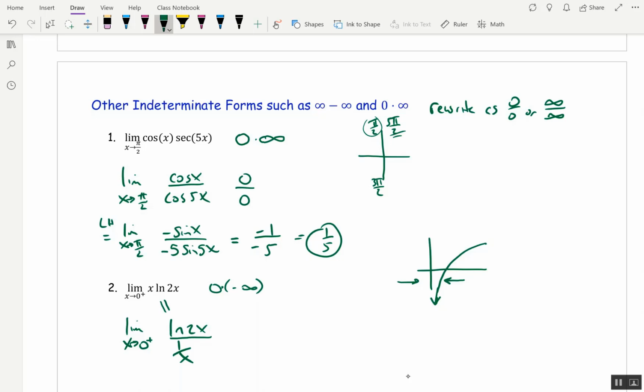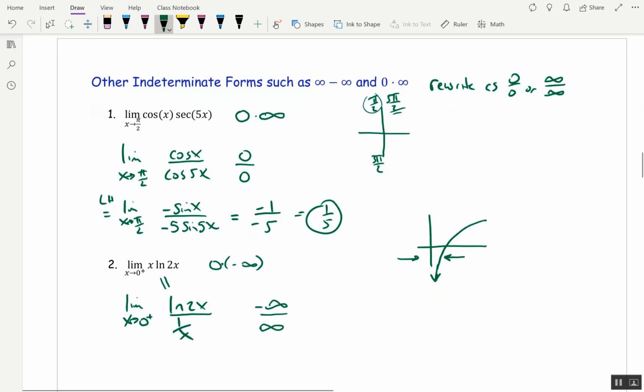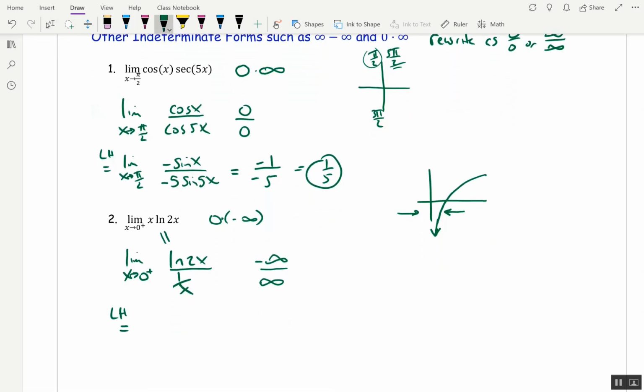Now the numerator is going to negative infinity, and the denominator as x goes to 0, 1 over 0 through positive values is infinity. Now I can use L'Hopital's rule because I have plus or minus infinity over plus or minus infinity. So by L'Hop, limit as x goes to 0 from the right. Okay, the derivative of ln of 2x.